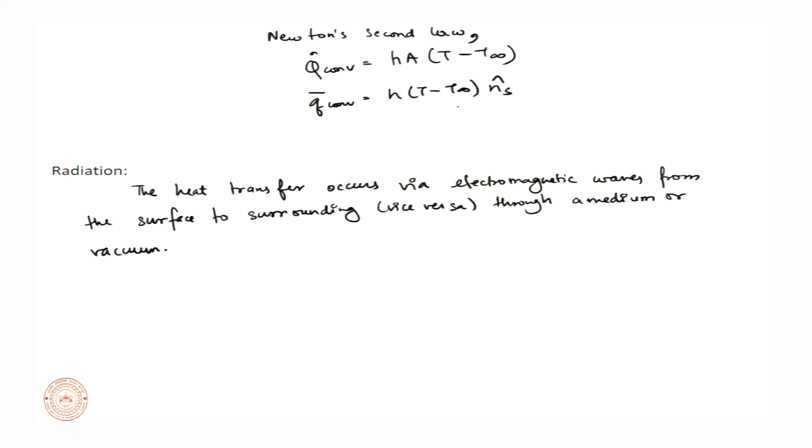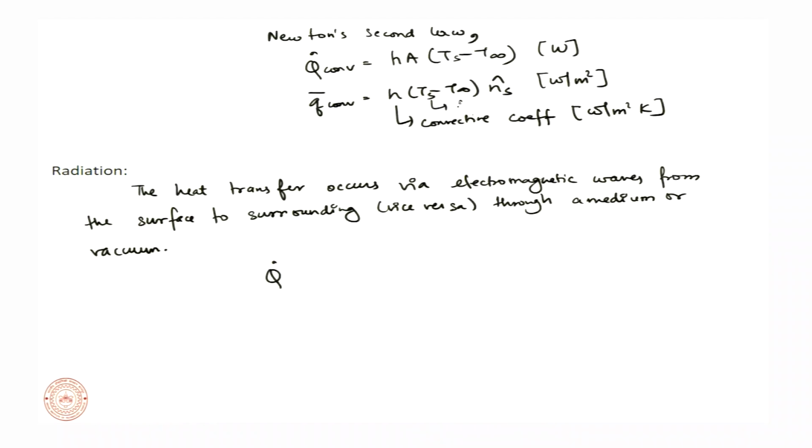Okay, the formula for radiation, Q dot radiation. Again, let's write the units. This is watt per meter square. h was our convective coefficient, that was watt per meter square Kelvin. T is our surface temperature, so you can write Ts.